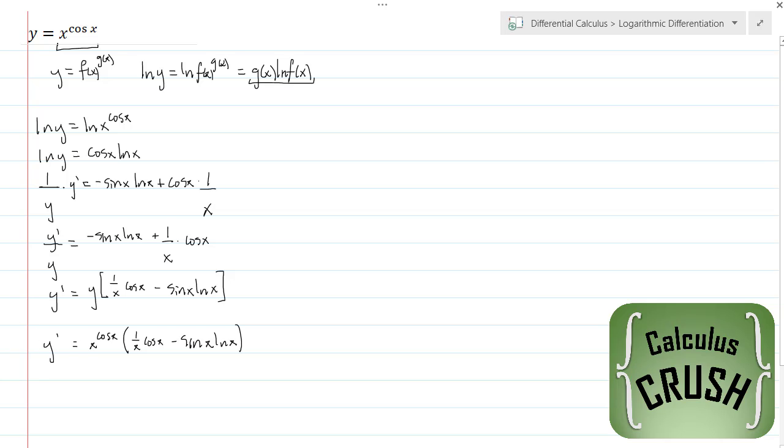So now I would say this is pretty much done. But I'm going to take it one more step to do one possible simplification. Let's pull out a 1 over x cosine x from this expression here. So what we get is x to the power of cosine x, and we're taking out an x and a cosine x, basically that first term here.